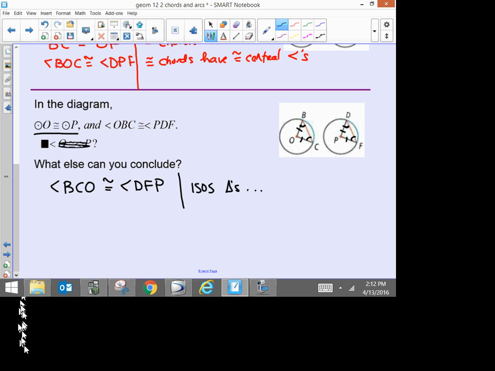Kate, you got another one? So the chords are congruent. Why is that? We know their central angles are congruent. BOC, we don't know that, so we need to conclude that first.